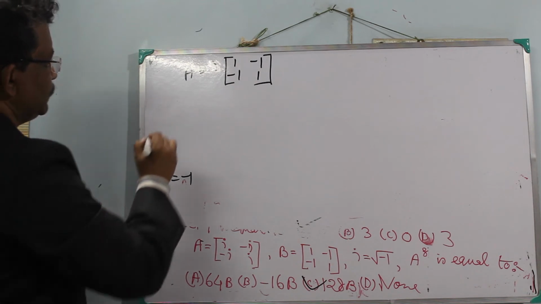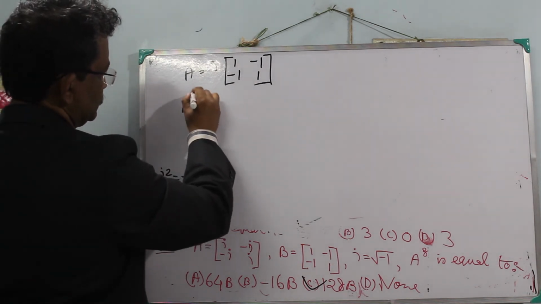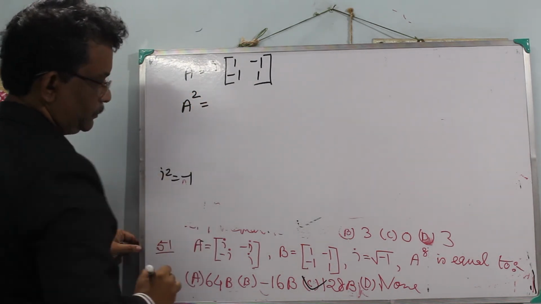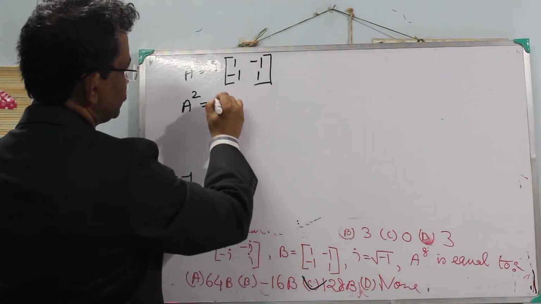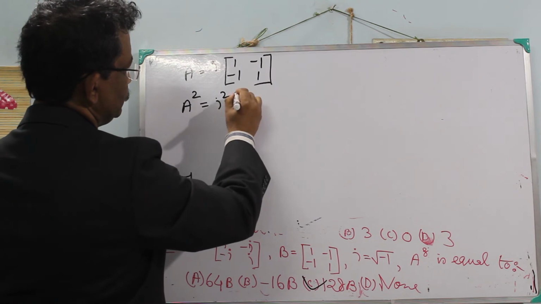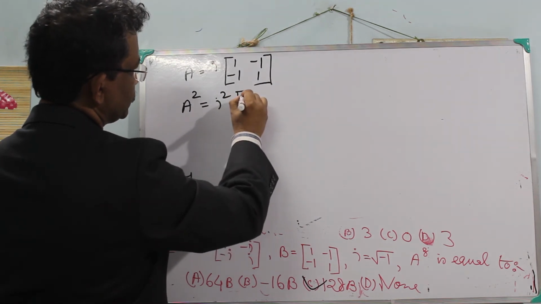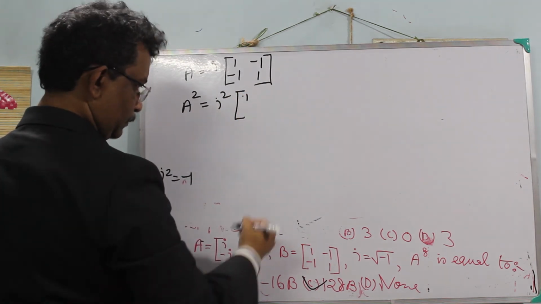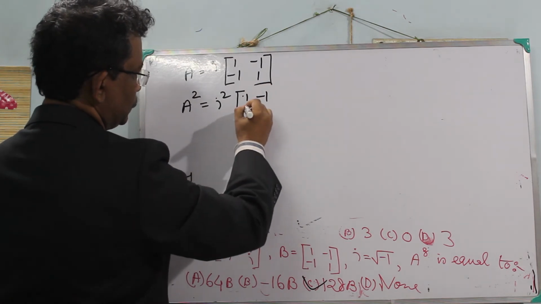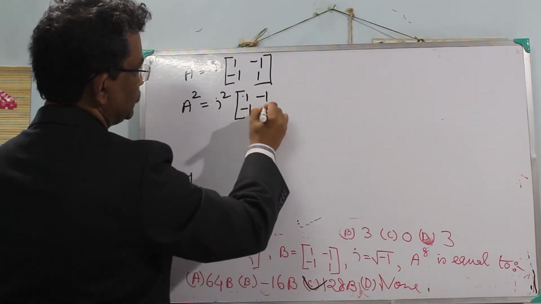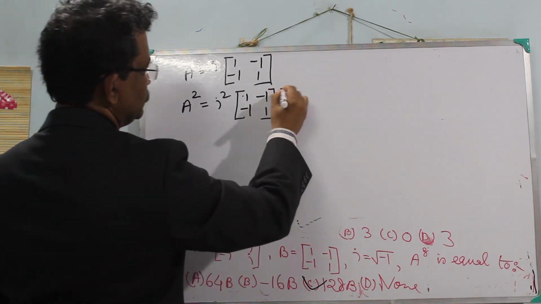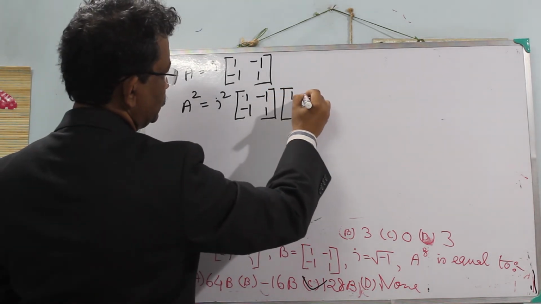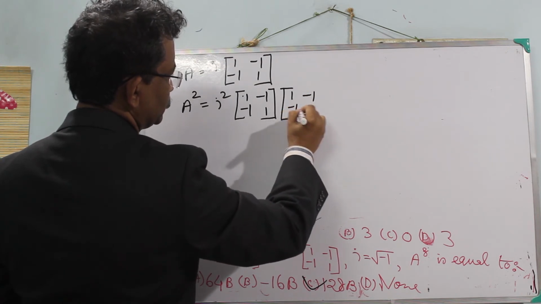So A square equal to i square into the matrix minus 1, 1, minus 1, minus 1, 1, into 1 minus 1, minus 1, 1.